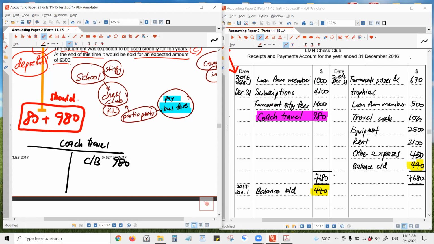Cash/bank also means the receipts and payments account. And at the end of the day, some members still owe us the coach travel fee, 80. So it's here, current asset, move it up diagonally, 80.